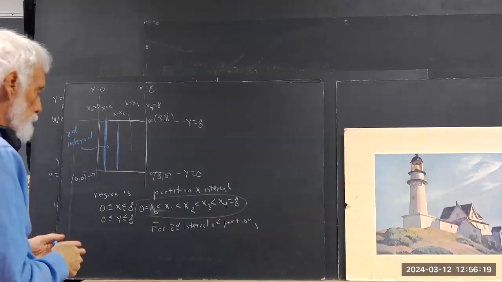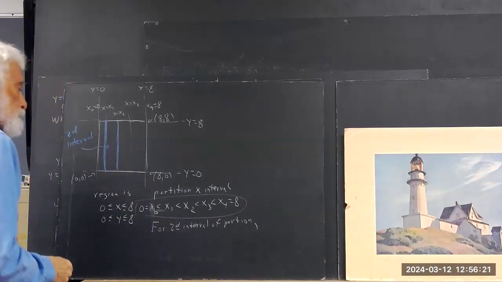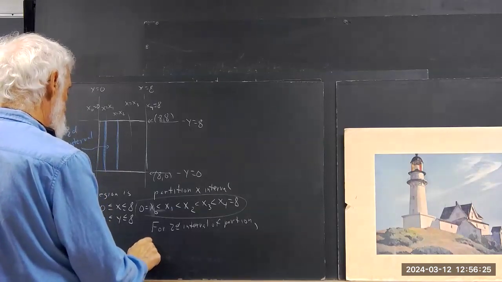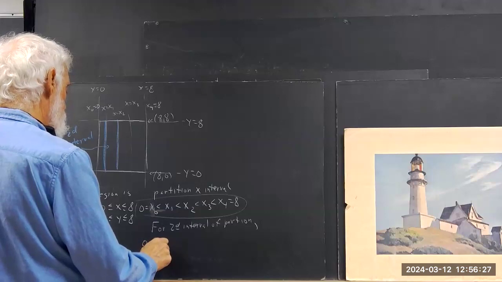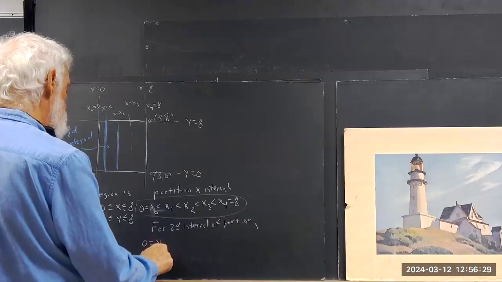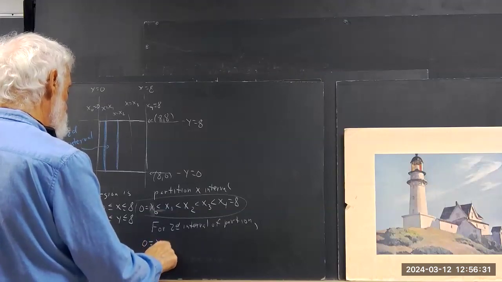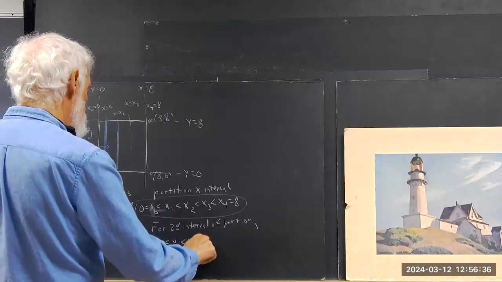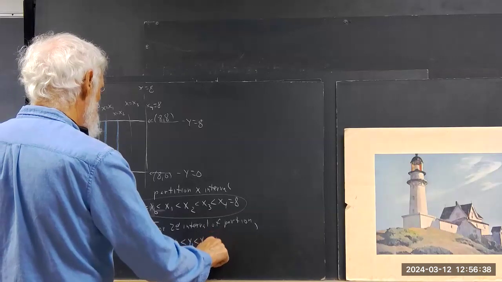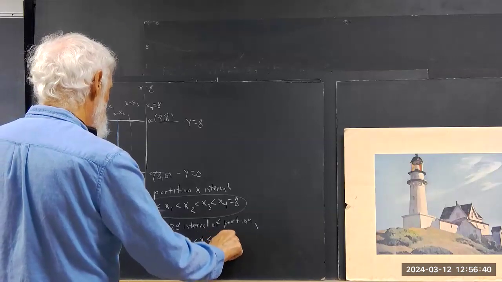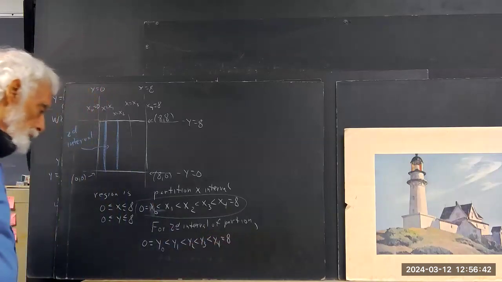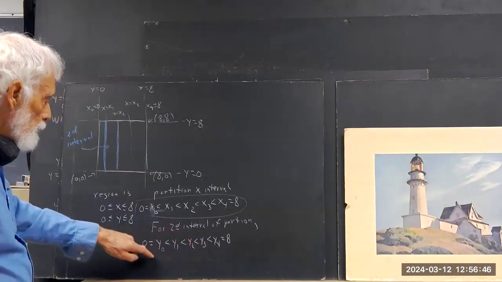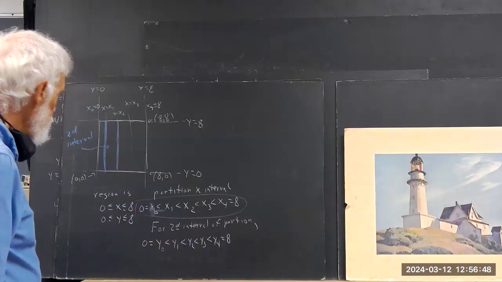Okay. I can let my y's go from y naught to y4, y naught equals 0, y4 equals 8.